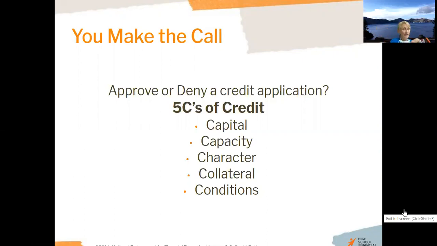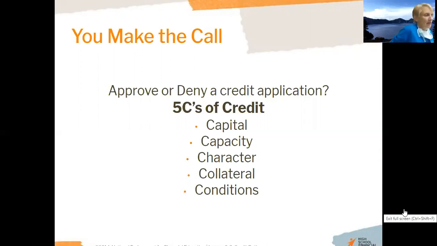So having a savings account, a checking account, having some money in the bank is going to be helpful, especially if you haven't really established your credit character because you haven't been given the opportunity to borrow. If you have bank accounts and they've been stable and you're not overdrawing that checking account, things like that can help to build your credit. And so that goes under capital, and it kind of goes under the character part too.